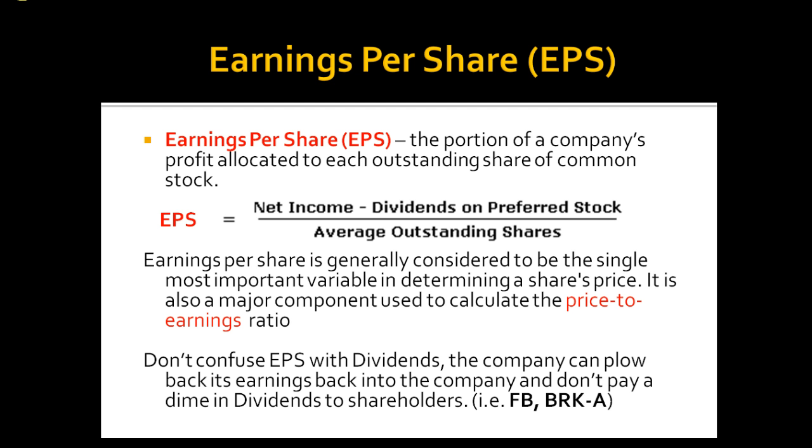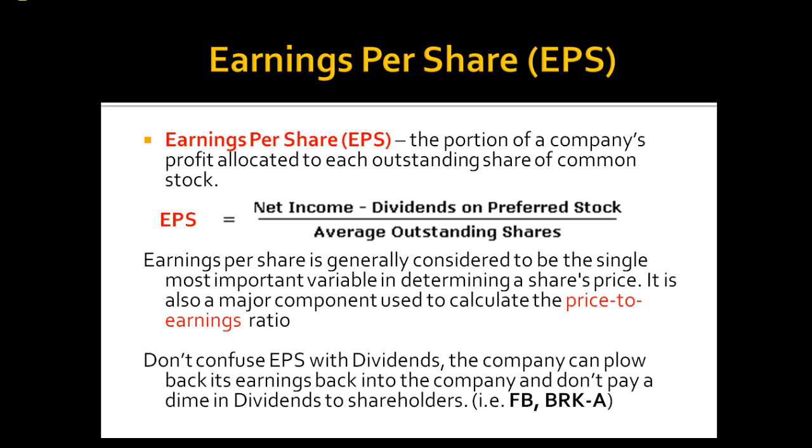All the earnings per share that they make, they keep to themselves so they can grow faster. One way you can find out how much dividend versus its EPS a company is paying is by looking at its payout ratio.